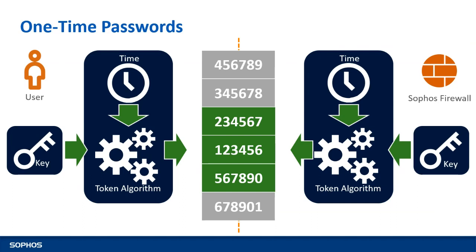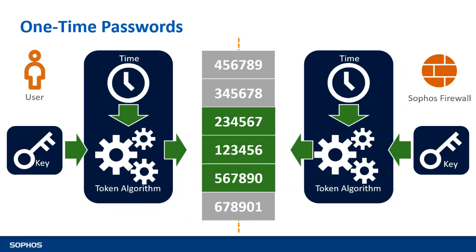In this diagram, we have the user with their token on the left and the firewall on the right. Okay, so the user has a token that contains a key and gets the time from a synchronized clock.